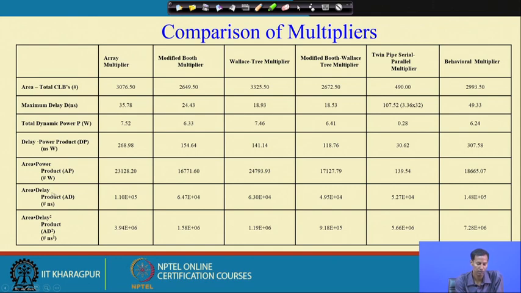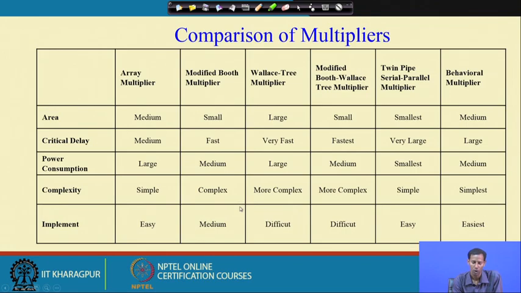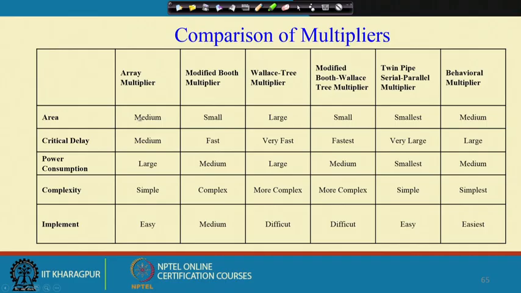Power-wise this circuit is also very good in comparison. The time requirement is much higher for the others, and the behavioral multiplier consumes a very large area as well as power and delay. Overall, area-wise the modified Booth and Wallace multiplier is small, delay-wise it is the fastest, and power consumption-wise the smallest is the parallel one, but its delay is much higher.